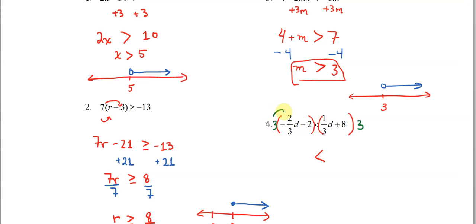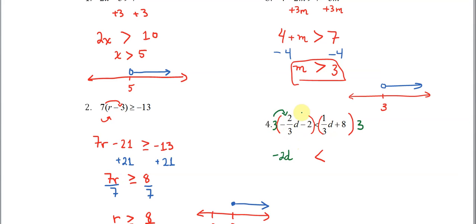So 3 times negative 2/3. We can look at this as like 3 over 1. Right? So 3 times negative 2/3 d is just going to be negative 2d. So the number in the front here and the denominator cancel each other out.